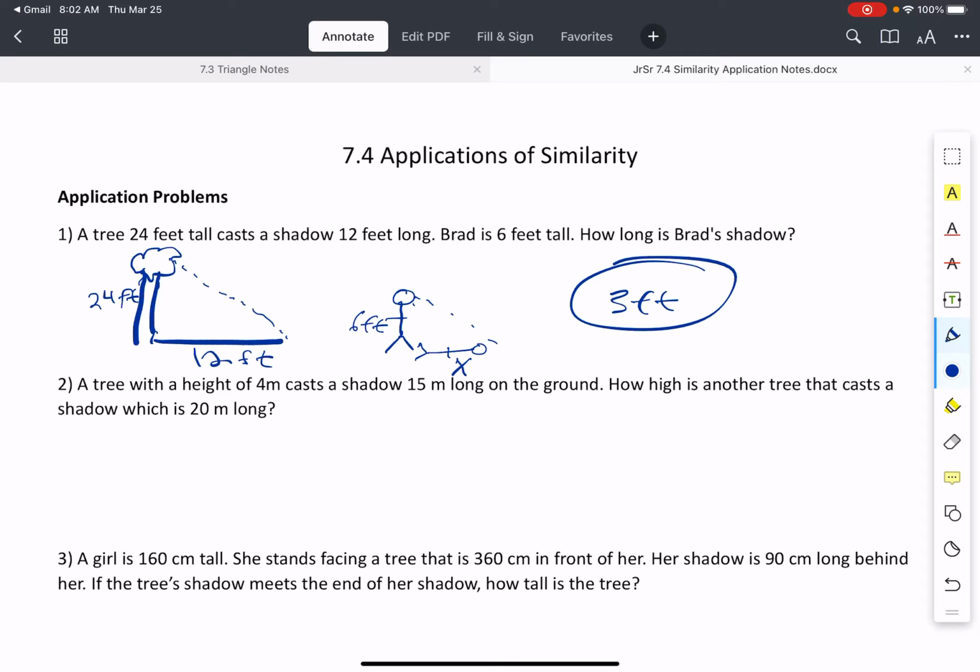Why don't you guys read the next one and then just go ahead and draw a picture? Why don't you try that? Okay, that's fine.